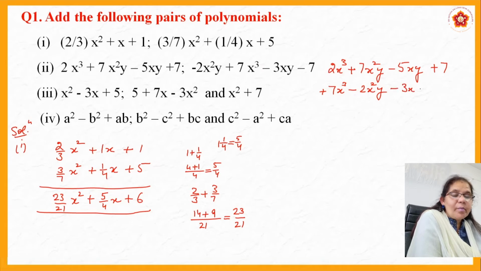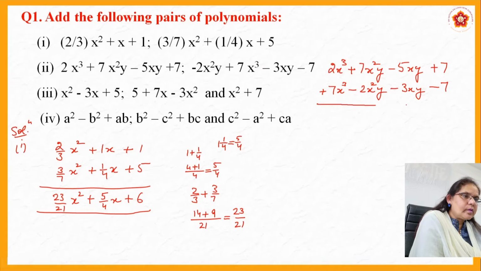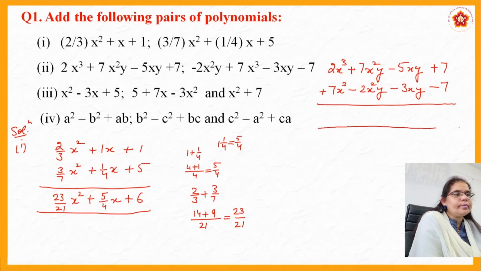Minus 3xy, I am writing below the term which has got variable xy, and minus 7 is the last term. Let's solve it. 7 minus 7 is 0. Whether you write a plus 0 or minus 0, that will not matter.